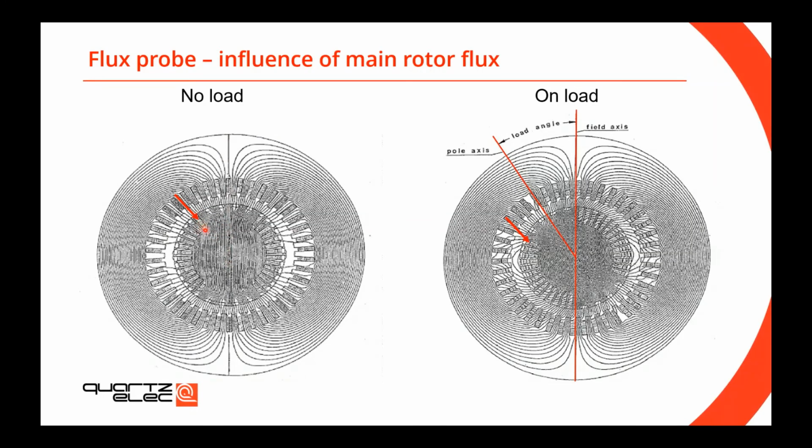It's just right here. Then let's jump to the second picture. Here we can see the machine on load, which means the flux will be distorted by the load angle. Have a look that coil 1 here is very close to the axis, and here it's far away from the axis.